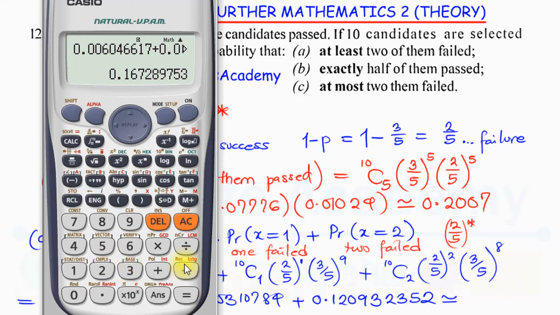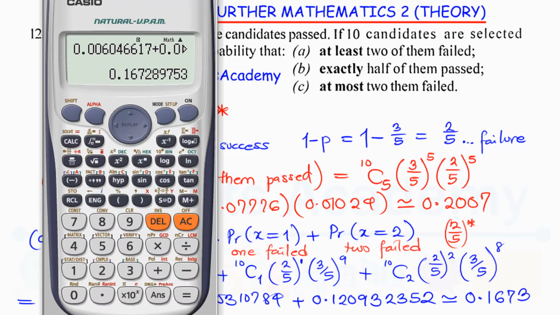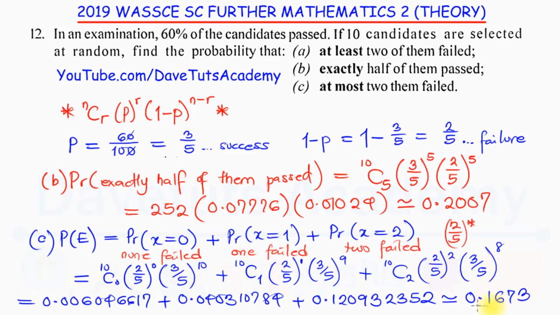All right, so this is 0.167289, approximately to 4 decimal places. 8 will be rounded up to 1 and added to 2, so I have 0.1673. Okay, all right. In this case, this is the solution for question C.